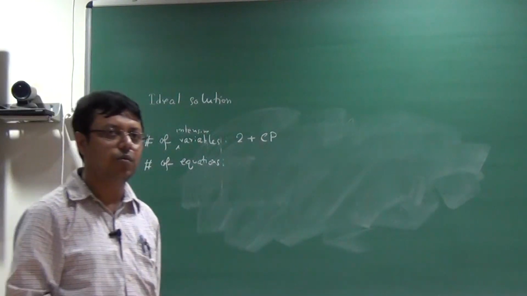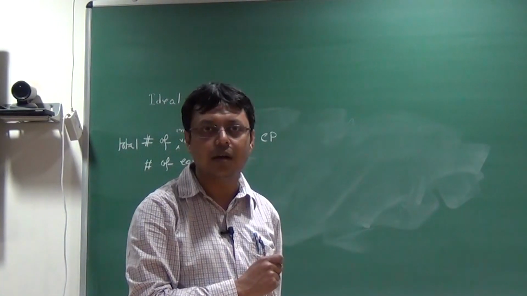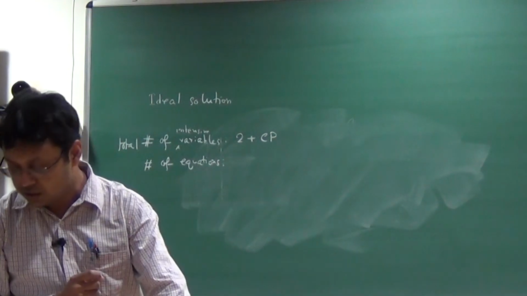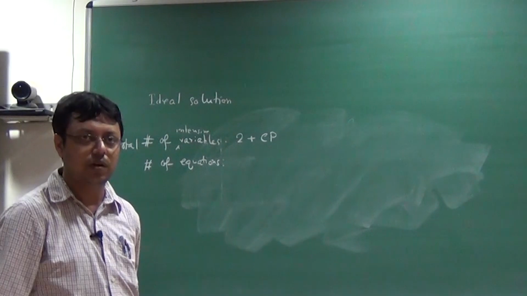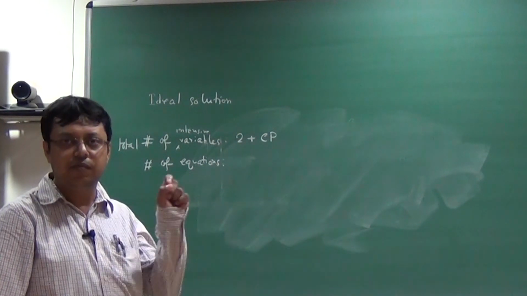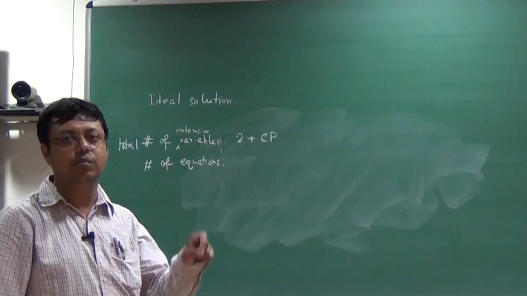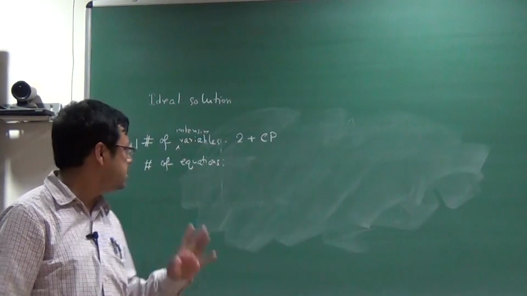One is when we are talking about many components. For each phase, I will have a mole fraction condition: for all the components, the total mole fraction should be equal to 1. That is one equation. Let me write it.